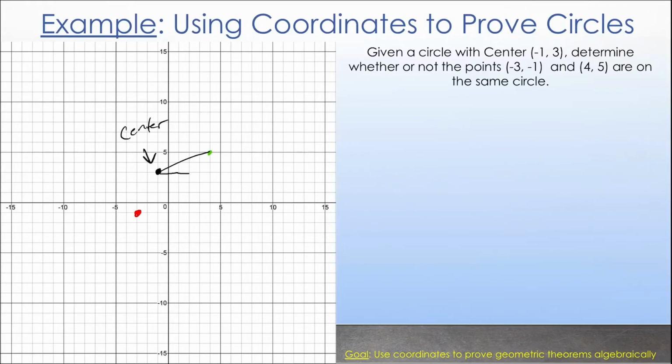So I'm going to go over 1, 2, 3, 4, 5, and up 2. We'll do this in green so we can tell. We're trying to find this distance.